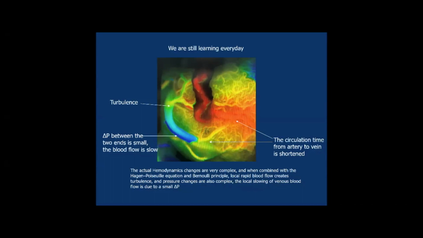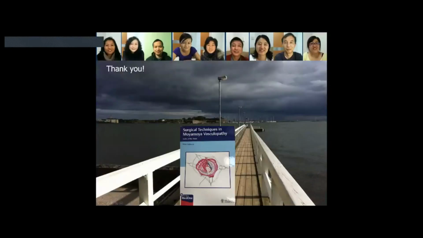So the actual hemodynamic changes are very complex, and when combined with Poiseuille's law and Bernoulli's principle, the local rapid blood flow creates turbulence, and the pressure changes are also complex. So the local slowing of the venous blood flow is due to the small delta P. So we are still learning every day.